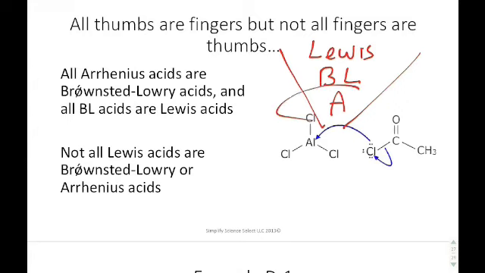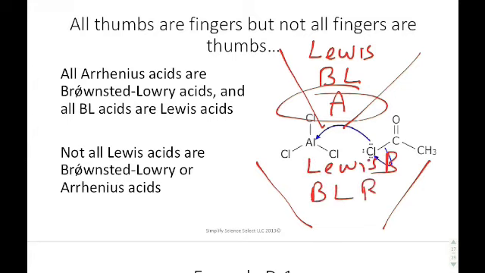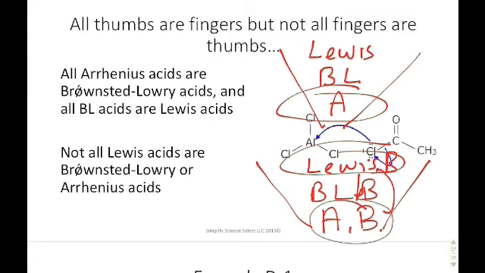We tend to stick mostly with Arrhenius, but you do need to know the difference in the definitions. Same thing with bases: you have Lewis, Bronsted-Lowry base, and then Arrhenius base. In each case, you're increasing the level of specificity. Not all of these are these, but all of these are these.